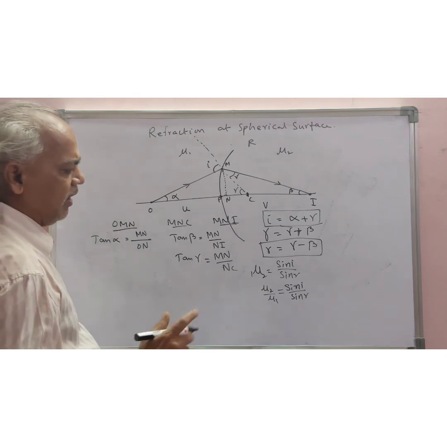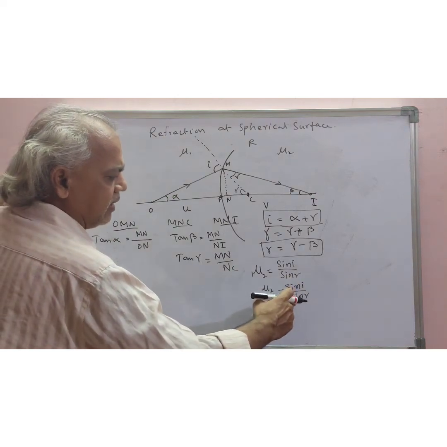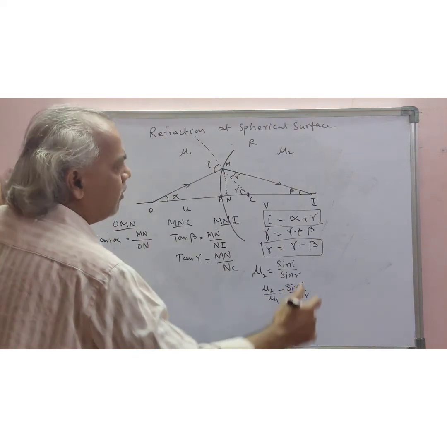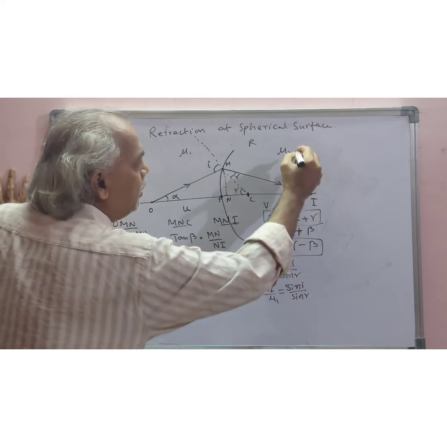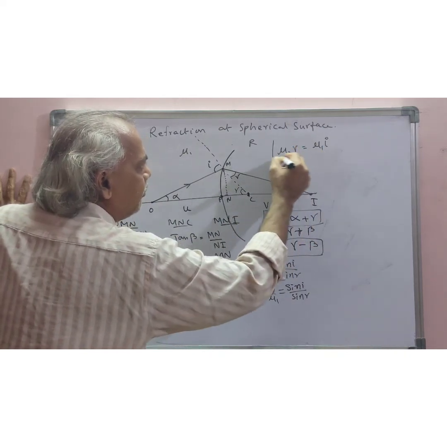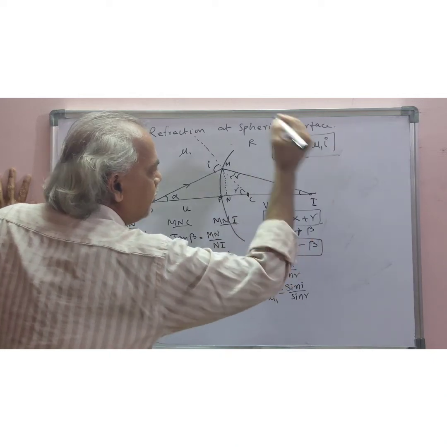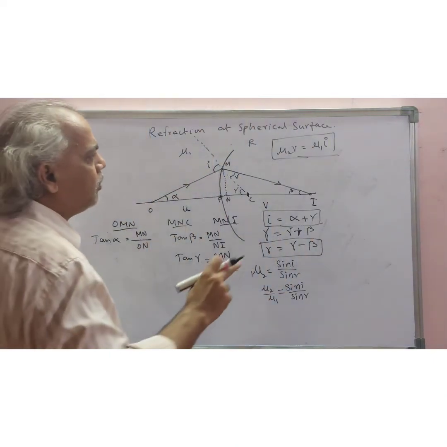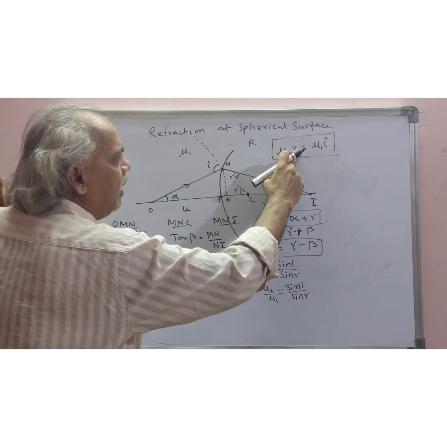You can take sin I as I and sin R as R. So mu2 into R is equal to mu1 into I.